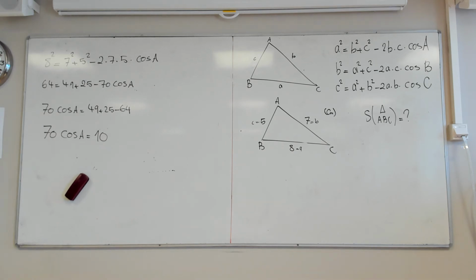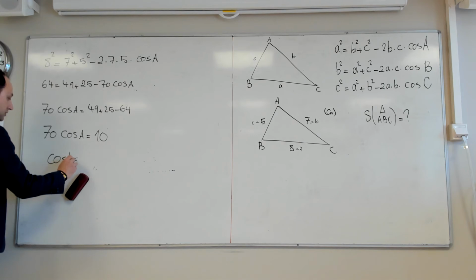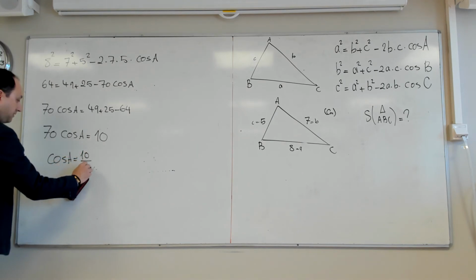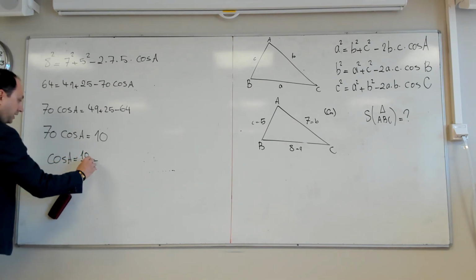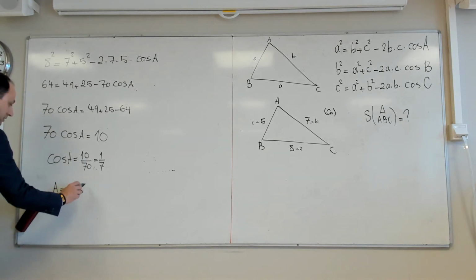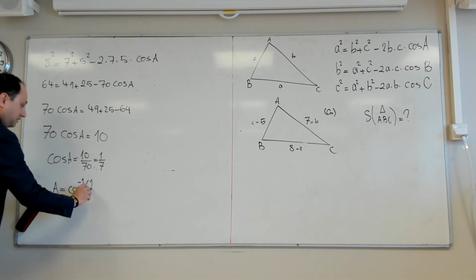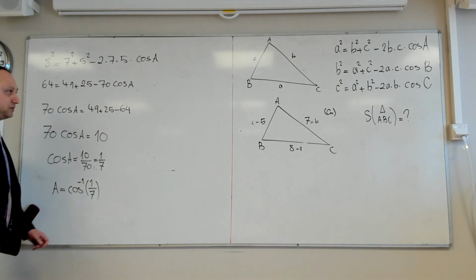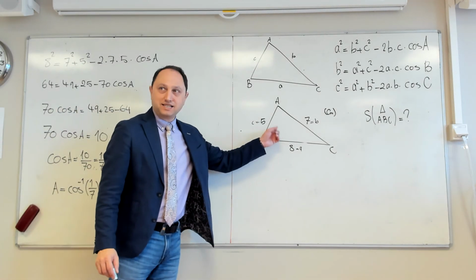And then I want to find A. So cosine A is equal to 10 divided by 70. If I simplify that, it becomes 1 over 7. Now if I ask you what is A, that was probably a little bit beyond your knowledge, but let me remove the word exact, because I asked you to calculate the exact value.